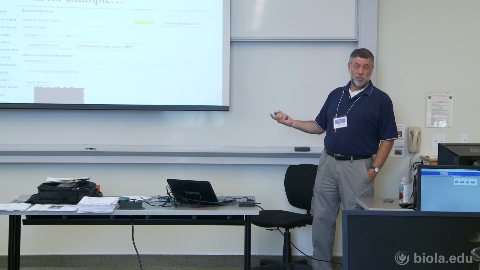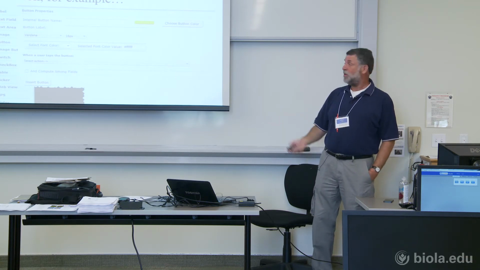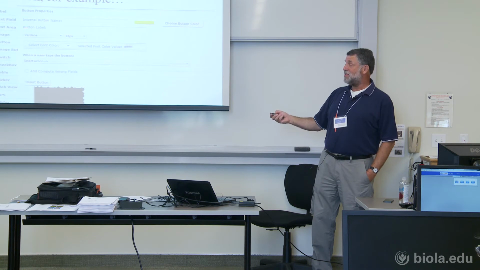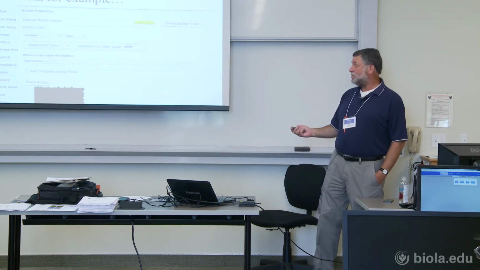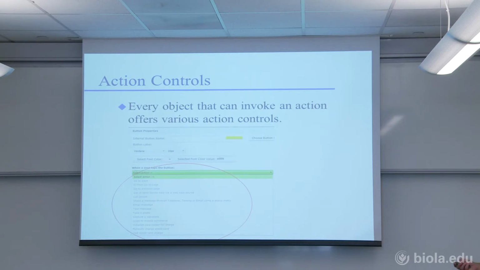Button label: what do you want the user to see on the label? And then things like the text size, color, and then the important thing is what do you want to have happen when the user taps that button? Every item that has some action gives you this list of actions.